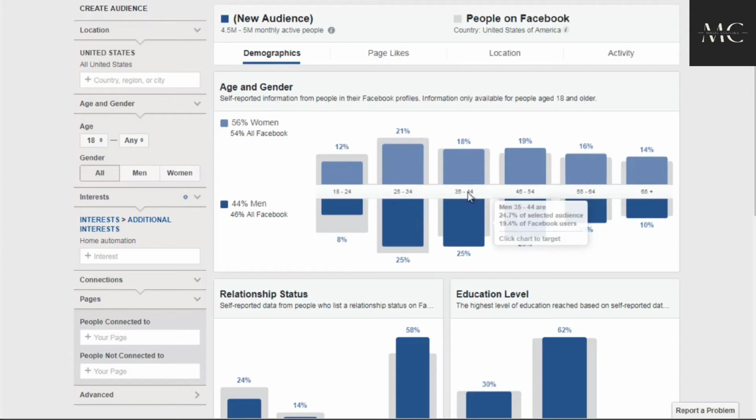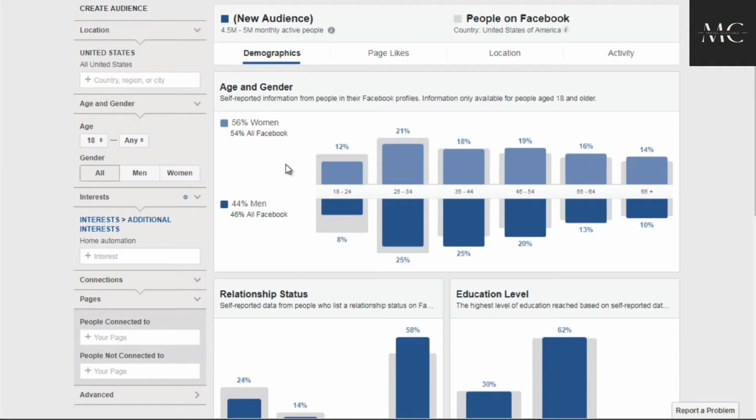For 35 to 44, for men it's about the same, and for women it's very similar. But this bracket here, age 25 all the way to 54, they seem to be highly interested in home automation. Now we can see that the older it gets, 55 to about 65, they're not as interested. In 18 to 24, they're not as interested.